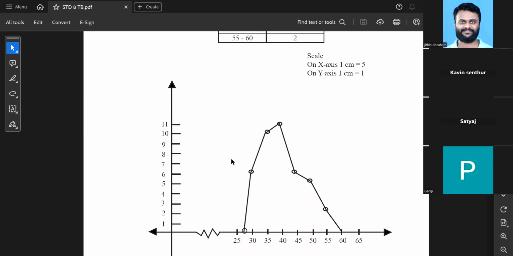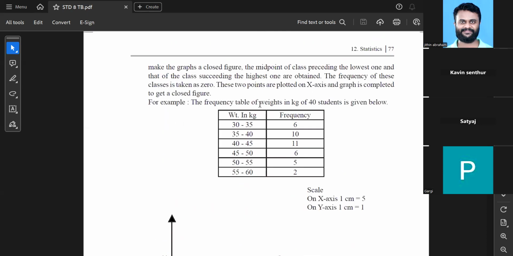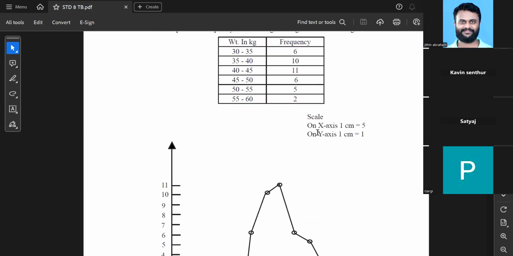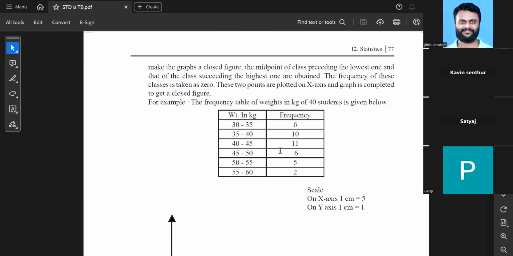Frequency polygon, how to plot it. I've already told you: whatever classes we have, in this case 30 to 35, 35 to 40, and so on, the midpoints of the classes need to be plotted. First, we plot the points, and we see that the last value and the first value are not zero.